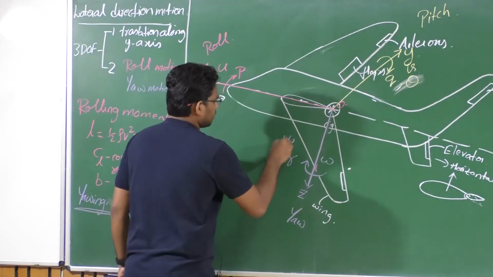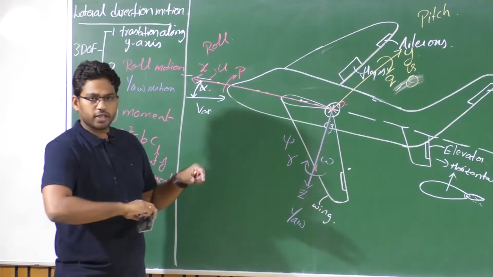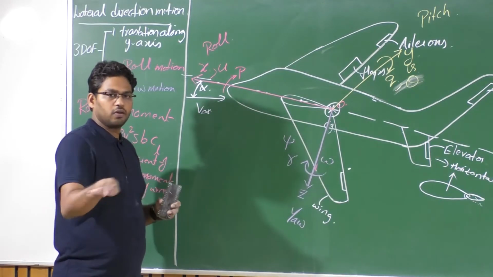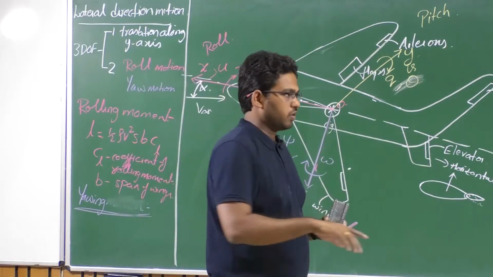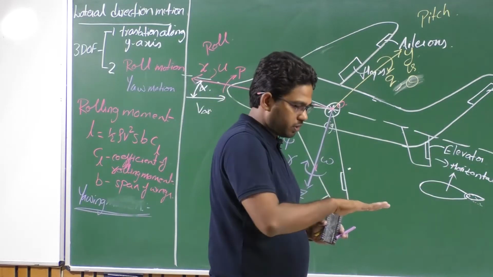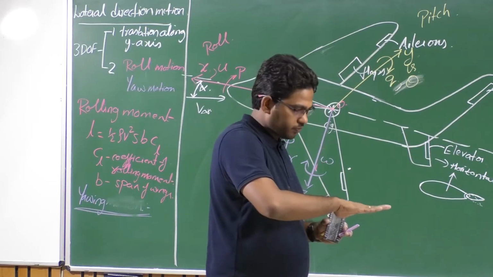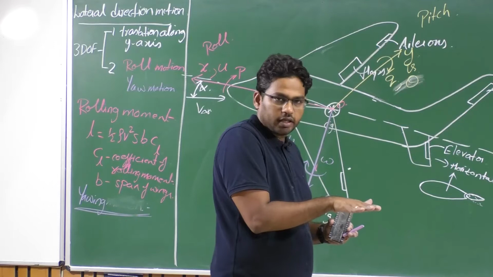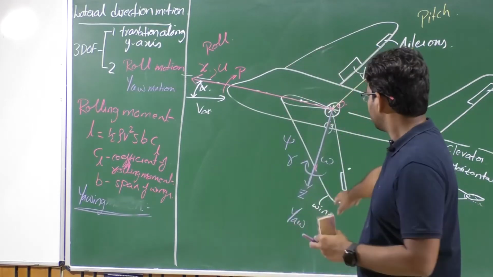Due to this, it results in a change in orientation in the horizontal plane. So the aircraft nose is initially, say, along this particular direction. Now, due to a rotation about the yaw axis, or z-axis, the aircraft nose is oriented in a different direction. This change in orientation is given by psi.